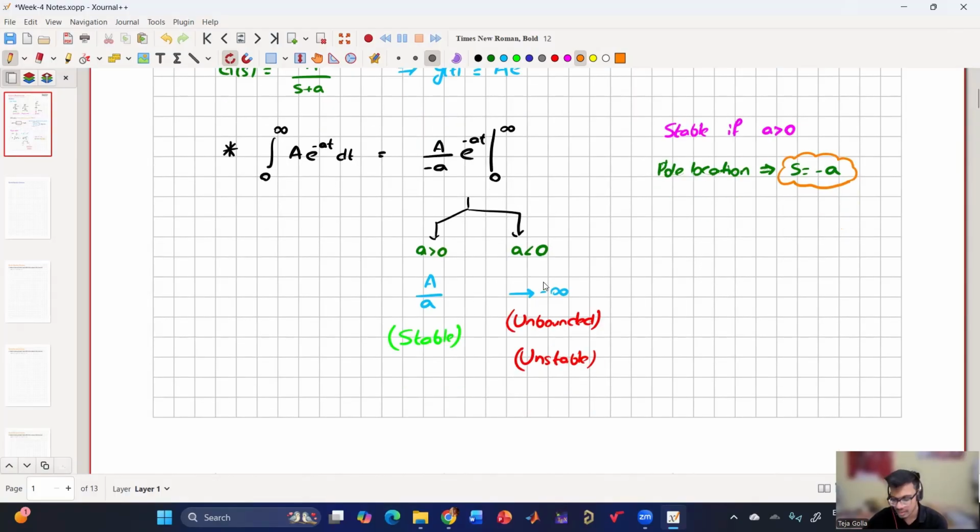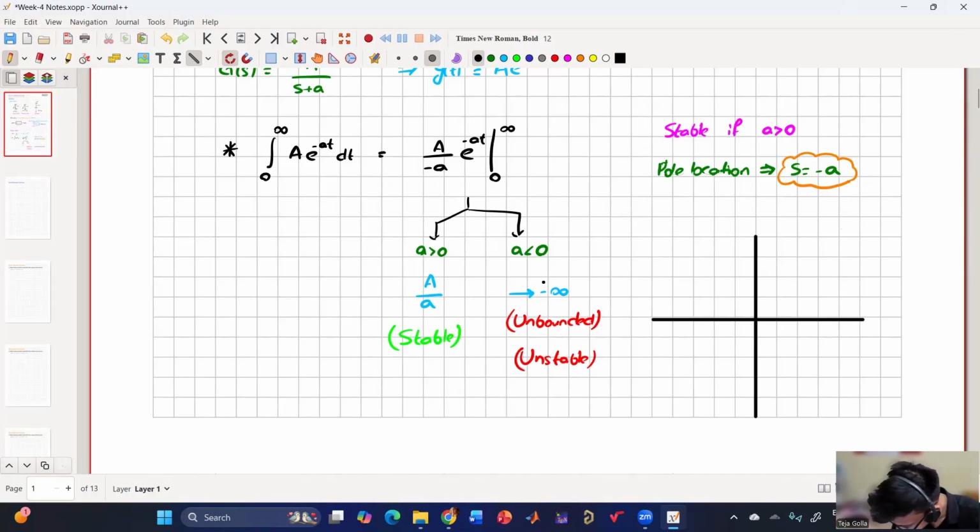So if we consider the axis, s has two parts. One is sigma and the other one is j omega. So s is equals to sigma plus j omega, right? Sigma is the real part of s, and j omega is the imaginary part of s.